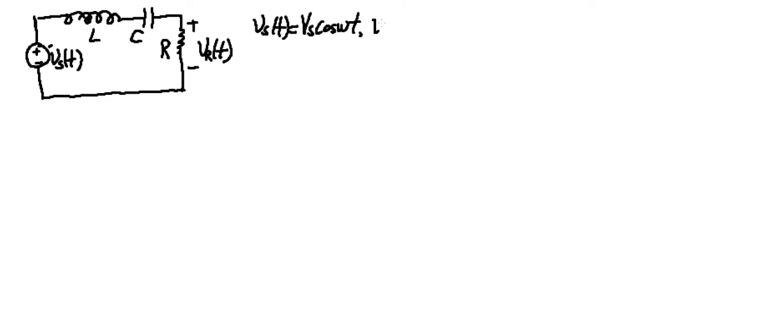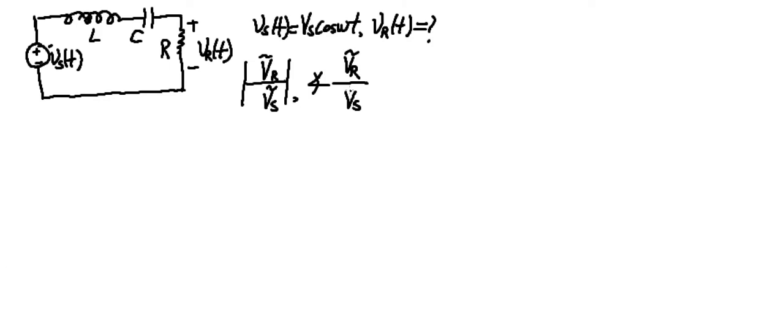And then we would like to know what is VR(t). Specifically, if we utilize complex exponential functions, we would like to know the magnitude of the output voltage versus the input voltage, as well as the phase difference between the output voltage and the input voltage.